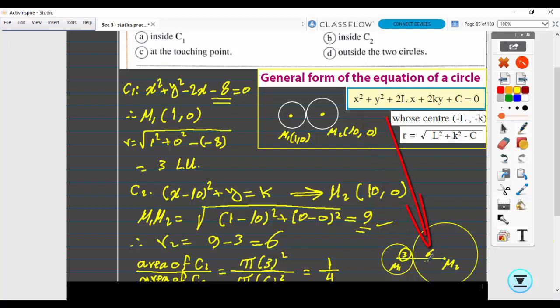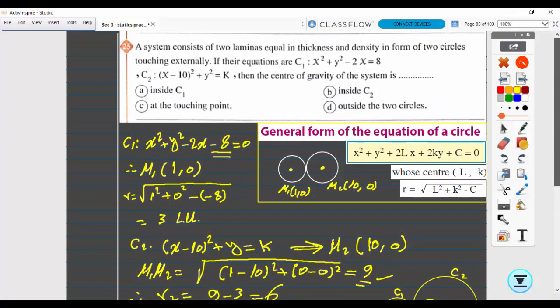So R2 equals 6. Now we know the radius length of circle C1 and the radius length of circle C2. Okay, but here they said the two laminas are equal in thickness and density.